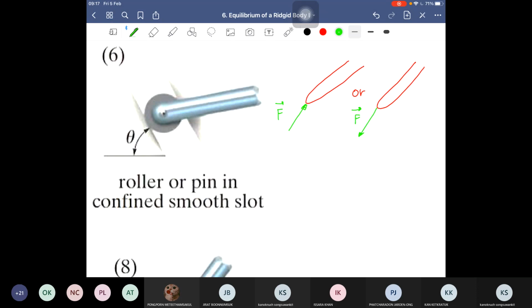Okay, and it must act perpendicular to the floor. Because it can resist only the translation of this slot to the left or to the right, but it cannot prevent the rotation.